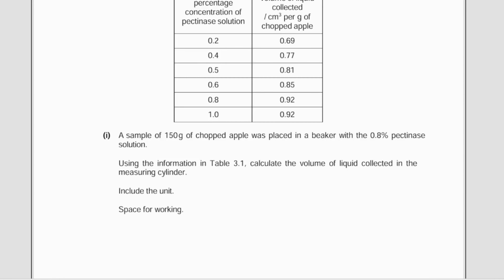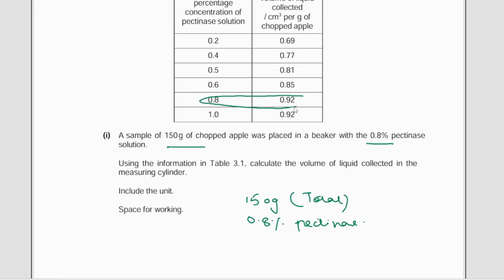Okay, we have a sample of 150 gram. Okay, this is a total. And we have added 0.8% of pectinase solution. So the overall reading is this. We have to use this one.